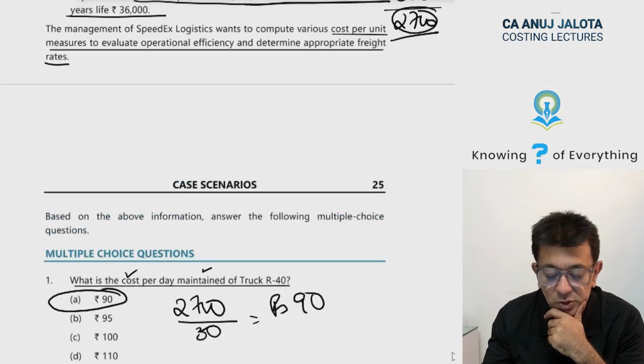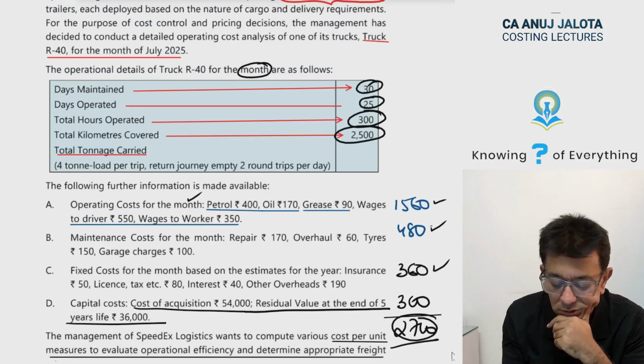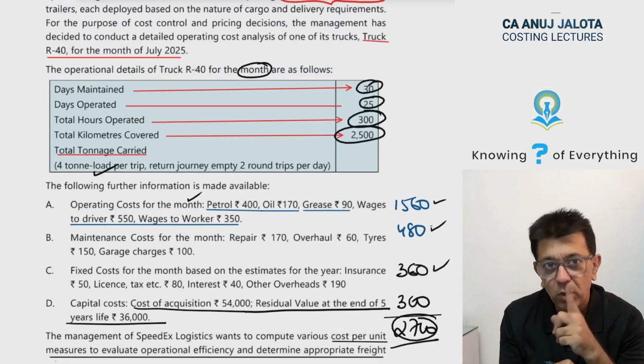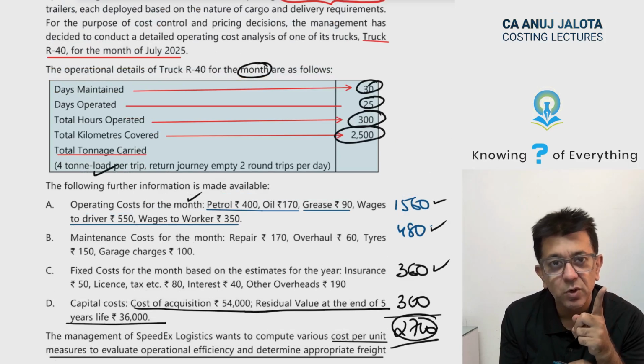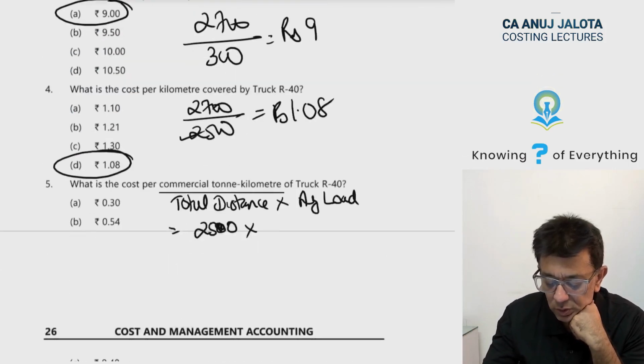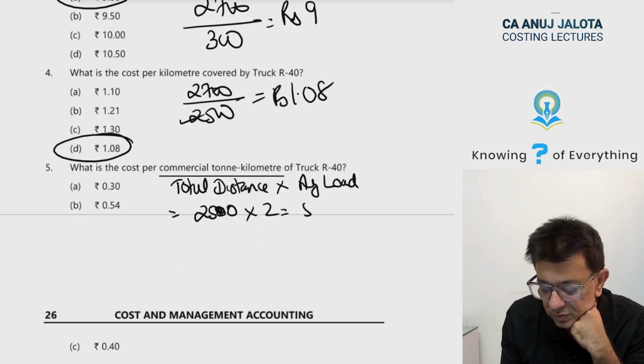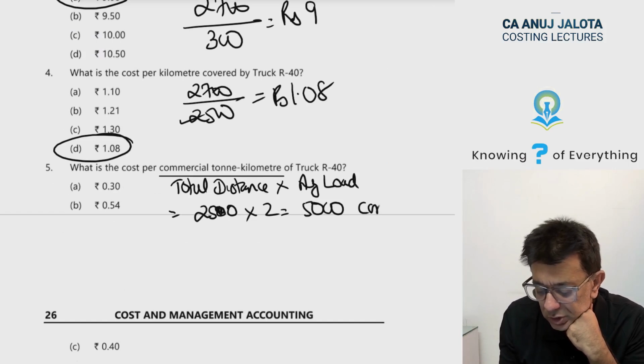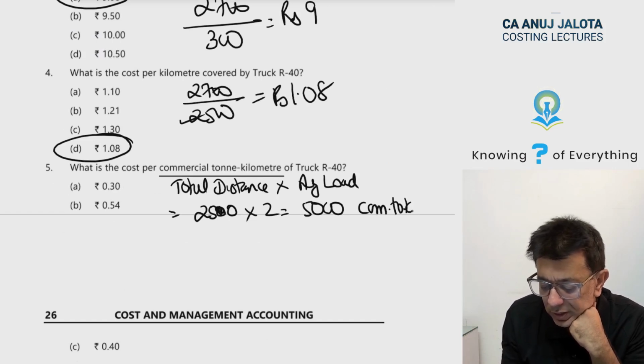See over here the average load: whenever the truck goes, it is carrying 4 tons, whenever it is coming back, it is 0 tons. So average load will be 4 plus 0 upon 2, which is 2. So 5000 commercial ton kilometers.